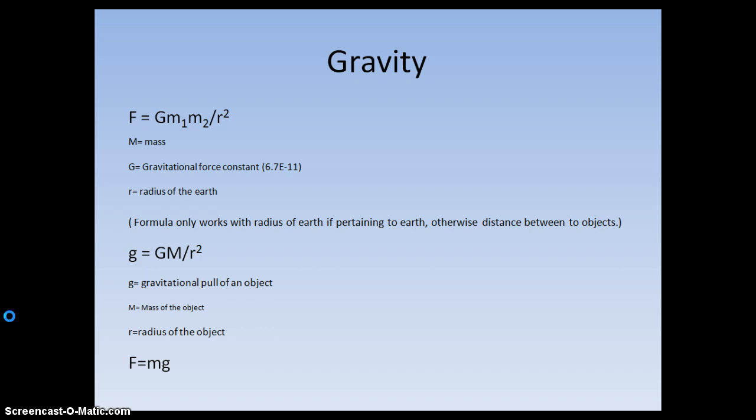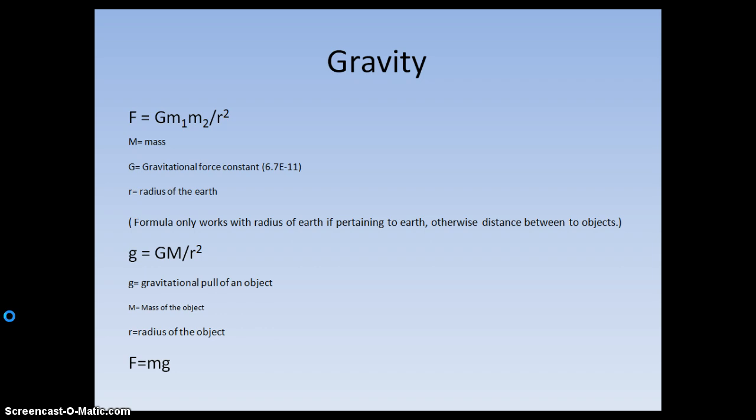Next, we're going to find little g. Little g is usually used in planetary observations, finding the pull from a planet in certain situations. So how we're going to find that is by using the big G stated above, 6.7 e negative 11 times the mass of the object or planet divided by the radius of the planet squared, or the radius of the object squared.